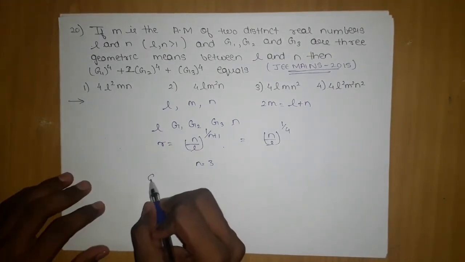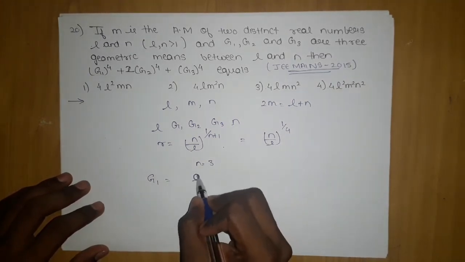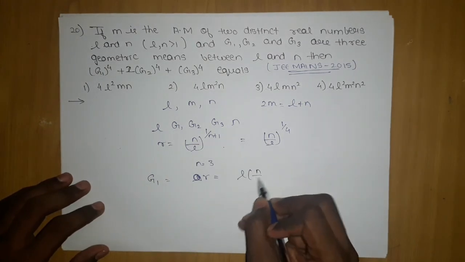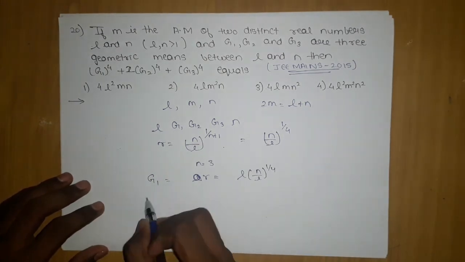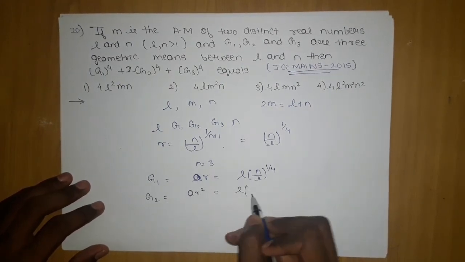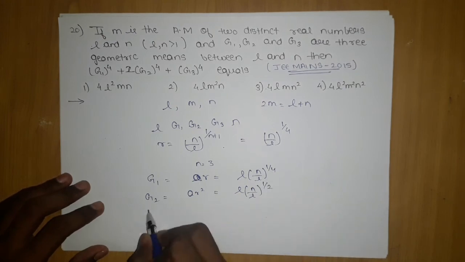Now what is my g1 value? It will be nothing but a into r as per formula, but here a is l, and r is (n by l) power 1 by 4. g2 is nothing but a into r square, giving me l into (n by l) power 1 by 2.